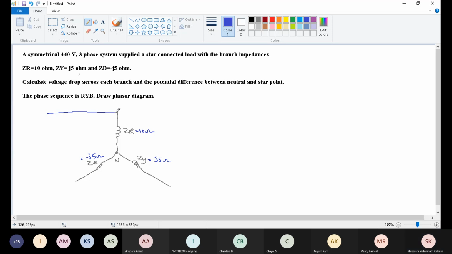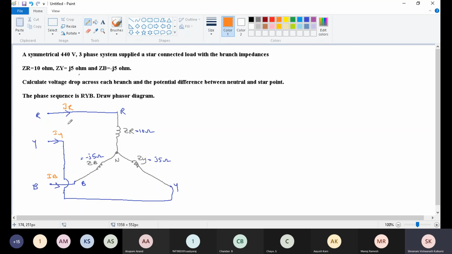This is R, this is Y, this is B. IR is flowing here, IY is flowing here, IB is flowing here.